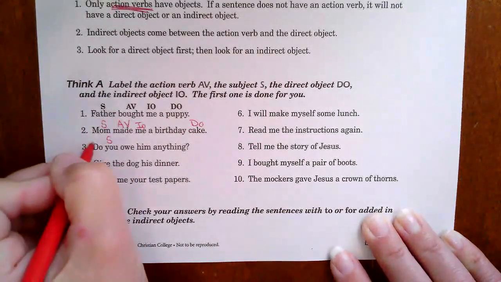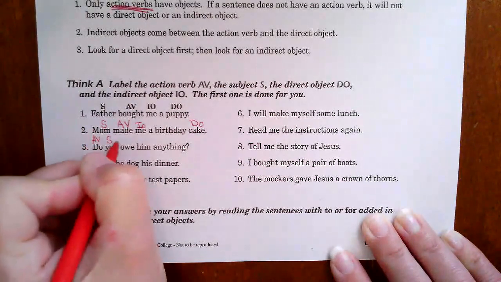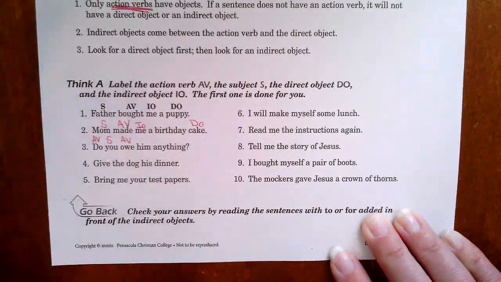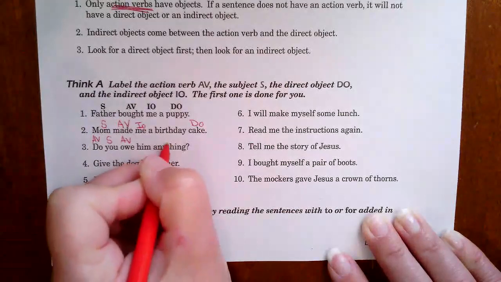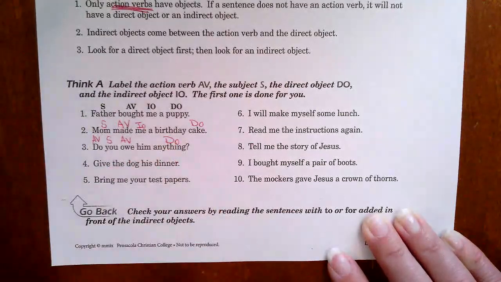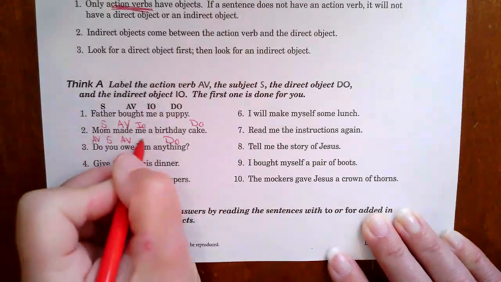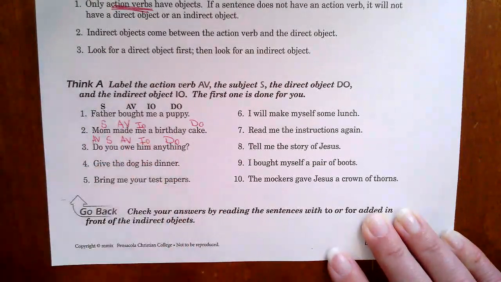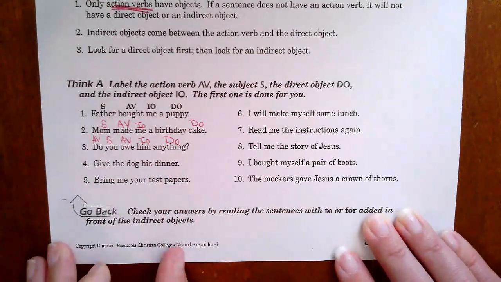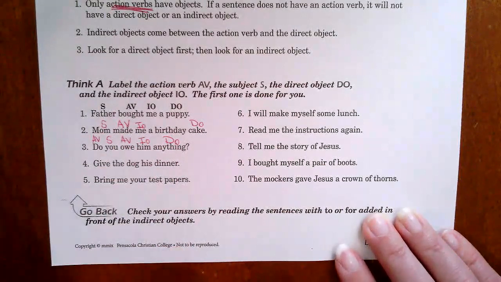Our action verb is do owe, a verb phrase. Well, you do owe what? You do owe anything. You do owe anything to whom? To him. So there's your indirect object. Questions sometimes are a little more tricky to find the parts of speech. Just think through it.